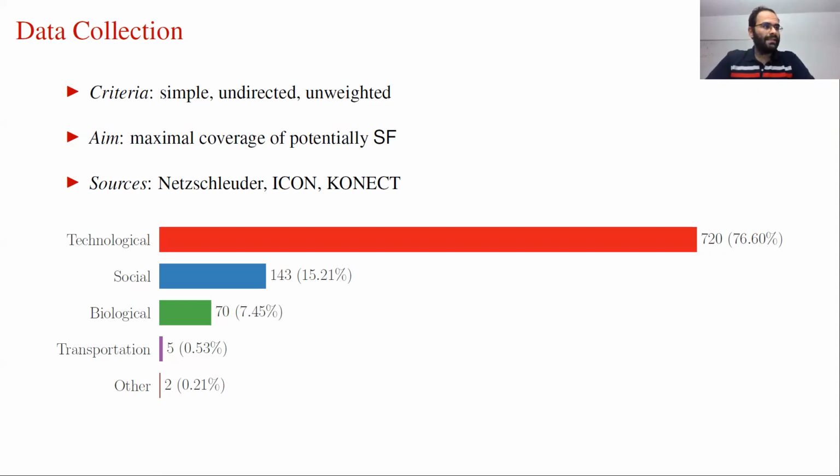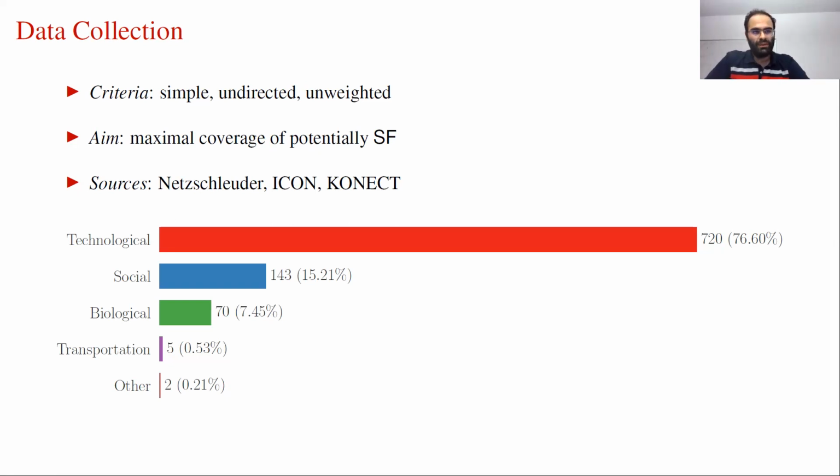And these are the categories of networks that we have collected: technological, social, biological, transportation, and the networks that didn't fit into any of these categories formed their own category, namely other. So one of the disadvantages that we had to deal with, a cost that we had to pay for having maximal coverage of potentially scale-free graphs, is that, as you can see, there is an imbalance in the number of networks collected for each category.